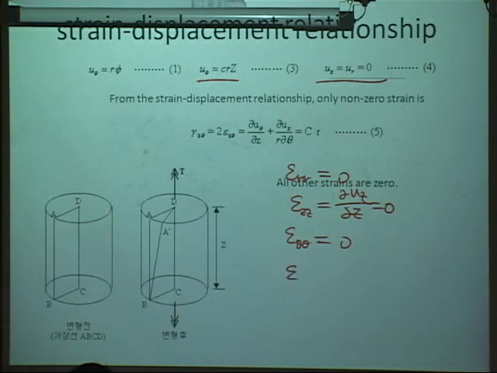And epsilon r theta is also 0. Why? This is associated with u r and u theta, and it is 0. And how about theta?